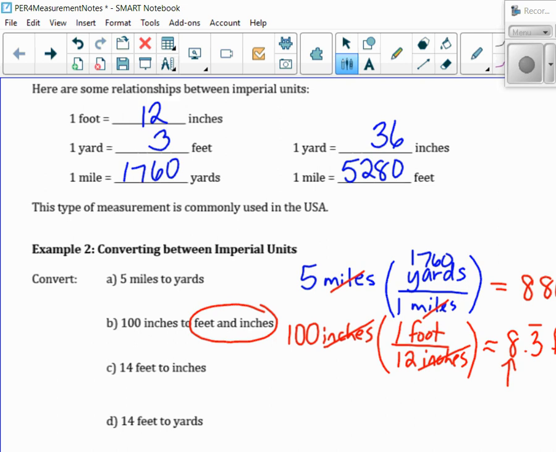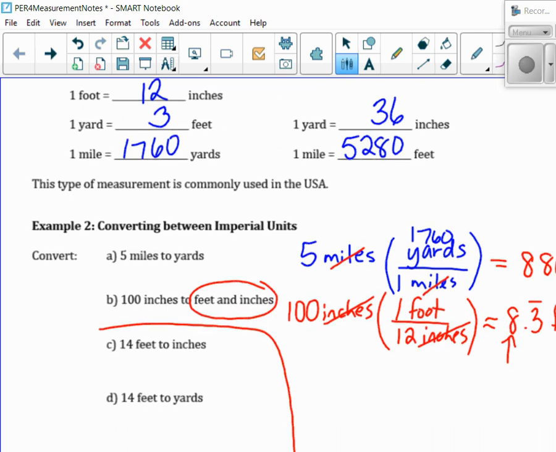So what's the conversion for 8 feet? I'm just going to do this down here. 8 feet is how many inches? How do I do the conversion? 12 inches. 12 inches is 1 foot, right?